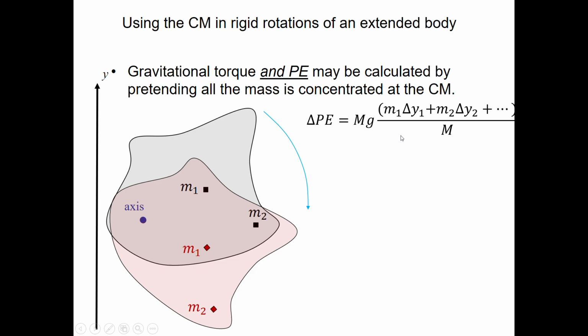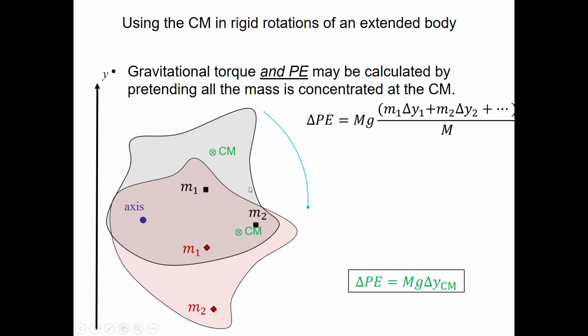Now, if you look at the ratio on the right-hand side, this looks like the change in the y-coordinate of the center of mass. In other words, the y-coordinate of the center of mass is m1y1 plus m2y2 over the total m. And if we did the change of that, we would just get deltas up in the numerator. So what is on the right here is just the change in the y-coordinate of the center of mass of the object. So that looks like a simplifying principle.